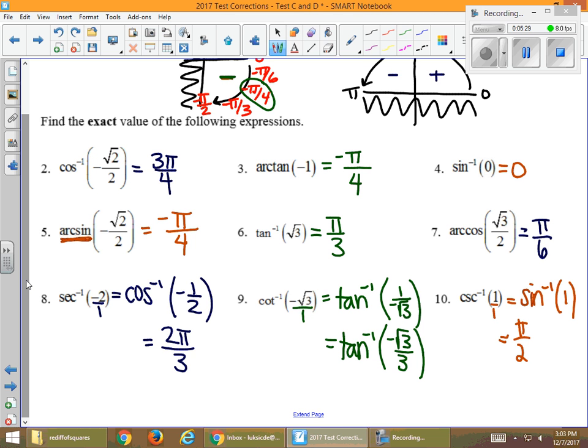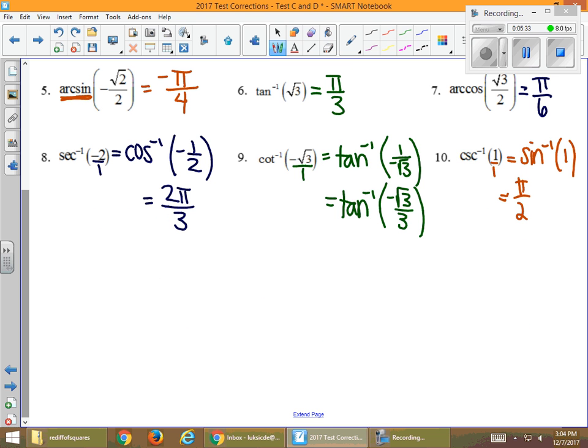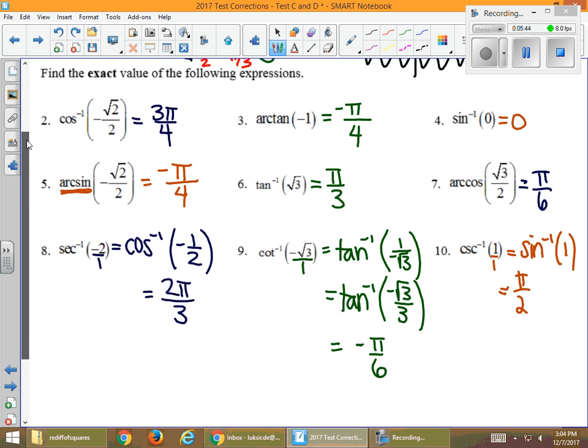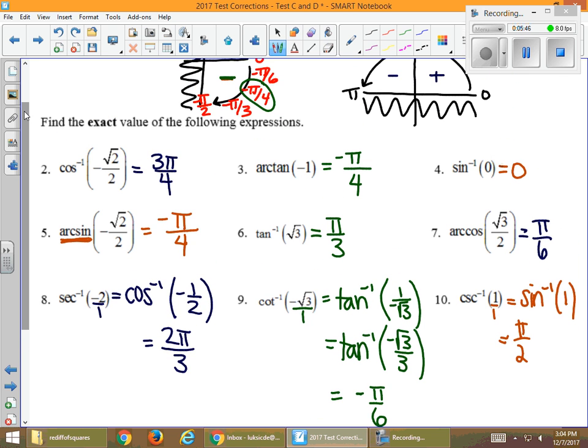And that happens, remember we use our little trick, 3 plus 3 is 6. So that happens at negative pi over 6. Pi over 6 because of our radical 3 over 3. Negative since we're in the fourth quadrant. And for arctan, that's where we're negative. So our value's right there.